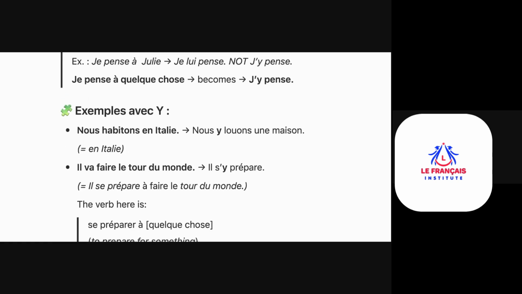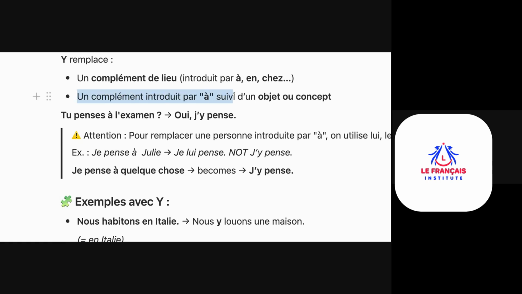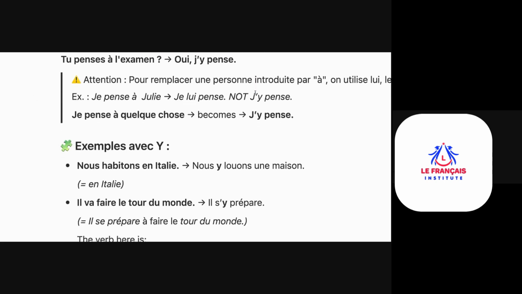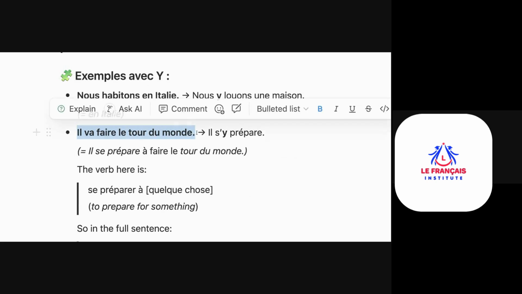Now, another use of Y is to replace any complement introduced by à. For example, il va faire le tour du monde. Can you give me the meaning of this? Il va faire le tour du monde.